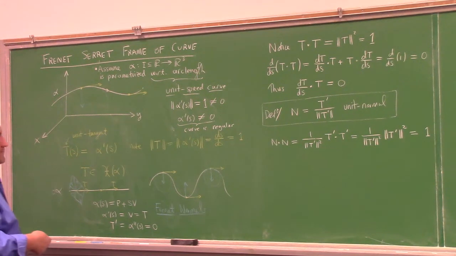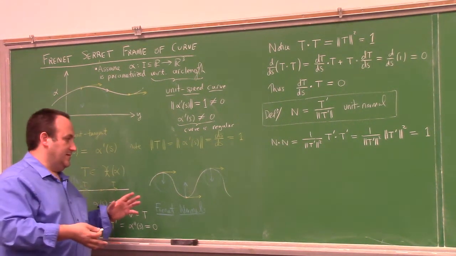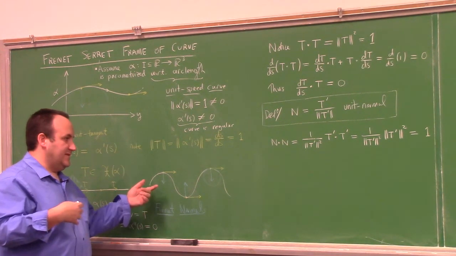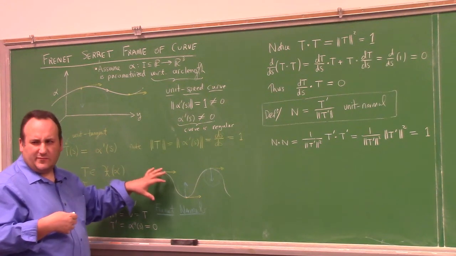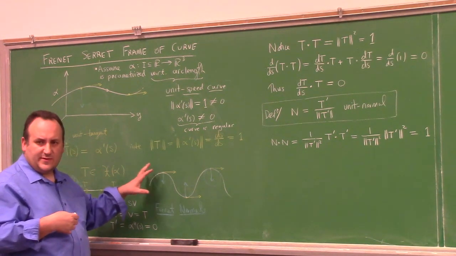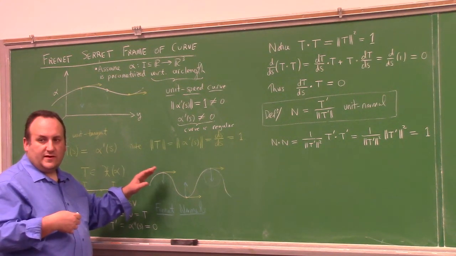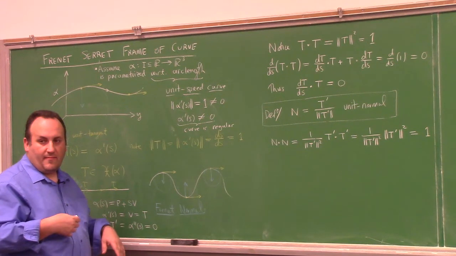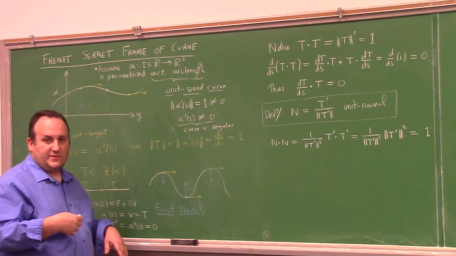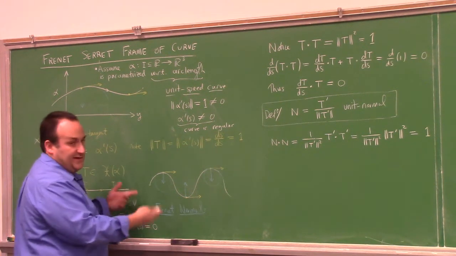Okay, and while this may not be evident yet, it turns out that this n will point towards the center of the osculating circle. I don't think I've really proved that in here yet, but it turns out to be true, right? Because you could draw a different n to a curve in 2 dimensions. You could pick the outward pointing normal. We do this in calculus 3. If you calculate the flux through a curve, the outward pointing normal is not always the Frenet normal.